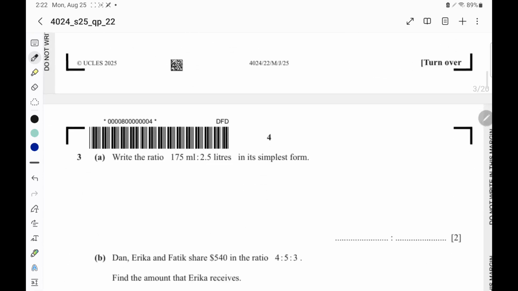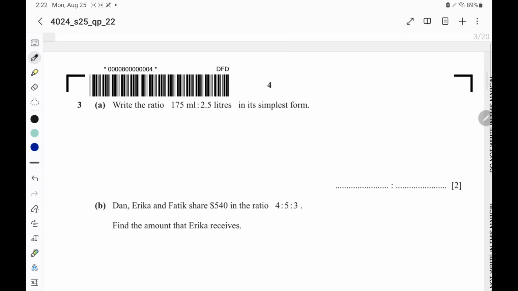Write down the ratio 175 milliliters is to 2.5 liters. So we'll have to write both sides in the same unit. We know that 1 liter is equal to 1000 milliliters, so we can write both of them in milliliters.